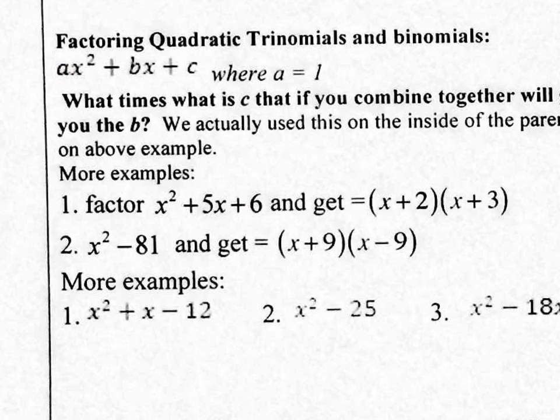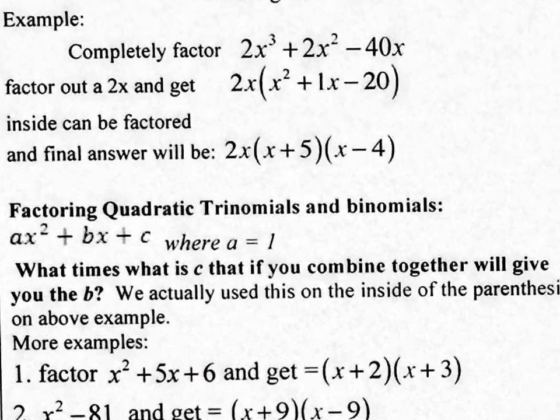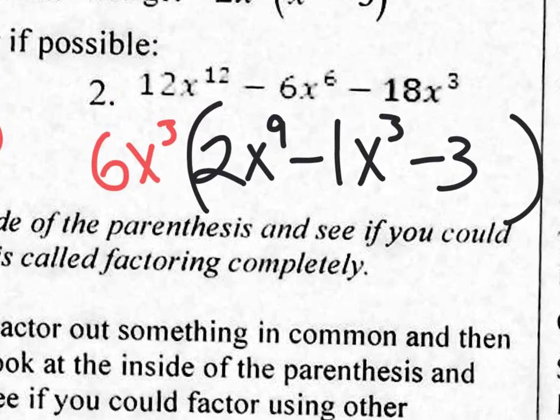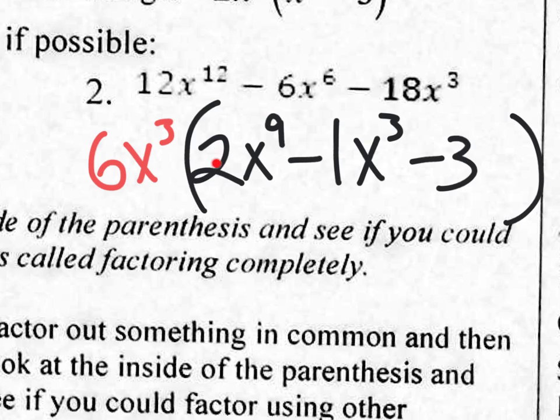So like this quadratic trinomial, it is factorable because there's no number out here in the front, and all you got to do is think what times what is the last one that if you add together is the middle one. So if you had something like this, a quadratic trinomial like x squared plus something x plus something, or minus, like up here, then I could try to continue factoring by putting the parentheses like this, but we know that that's not the case right here.